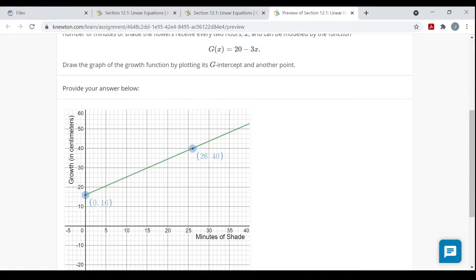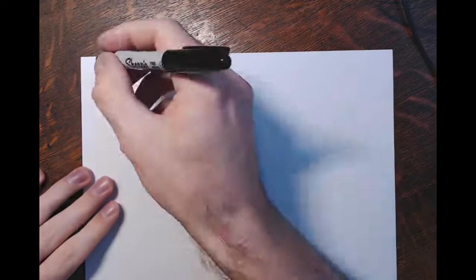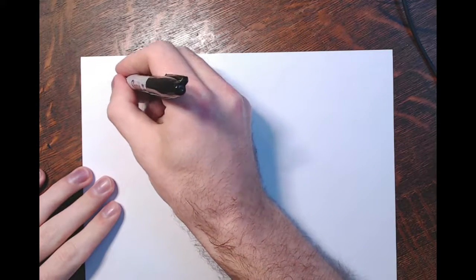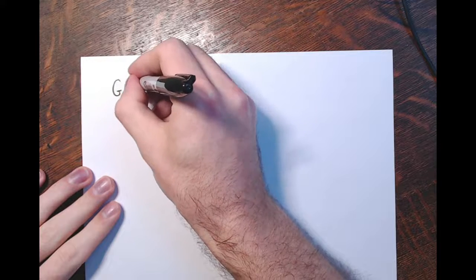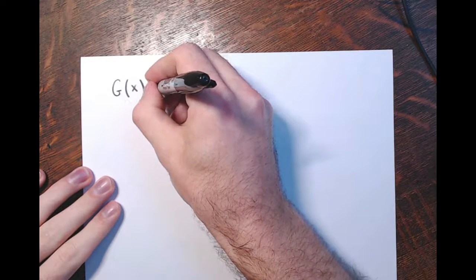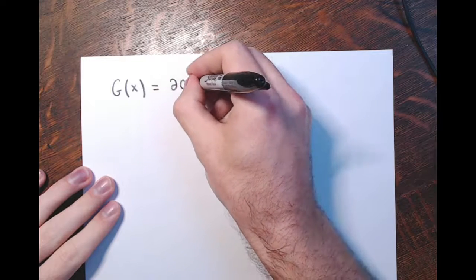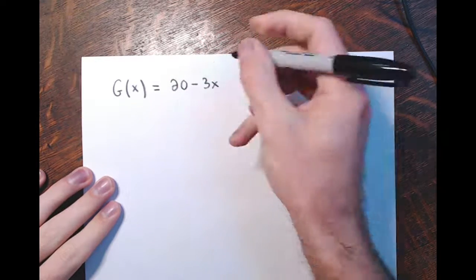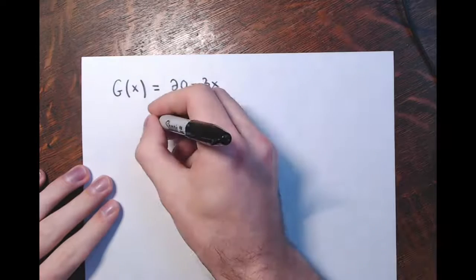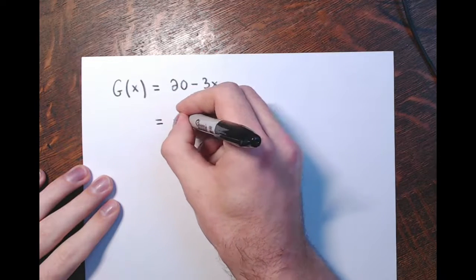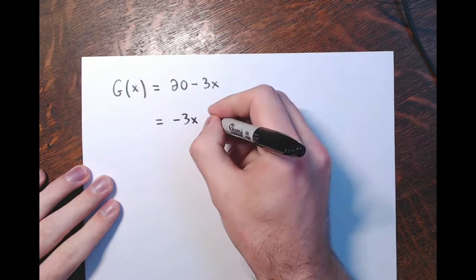All right, so I'm going to go with some paper, and I'll make a rough sketch by hand of this growth function, this linear growth function. So again, we're given this model, right? G of x equals 20 minus 3 times x, which again is the same thing as negative 3 times x plus 20.